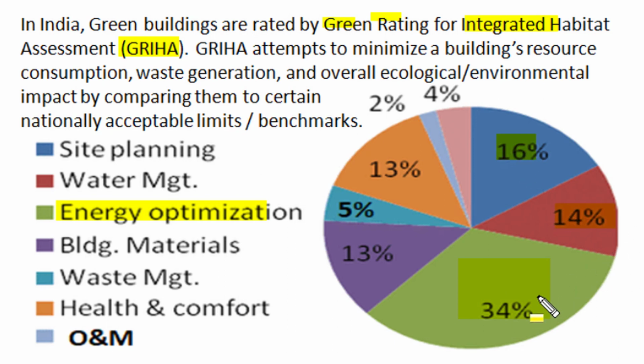Apart from that, use of appropriate natural reusable building material and health and comfort well-being of habitat got both 13% weightage, and 5% weightage is given to strategies used for waste management in building operation and construction.